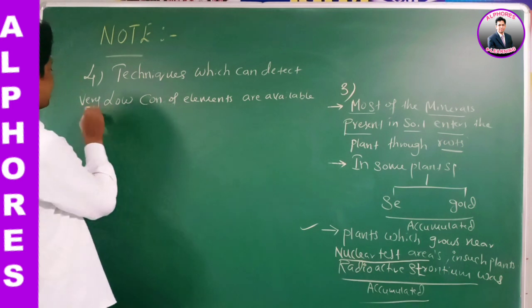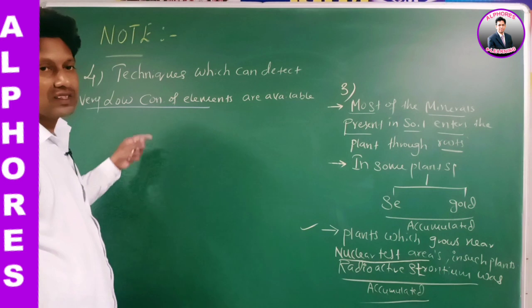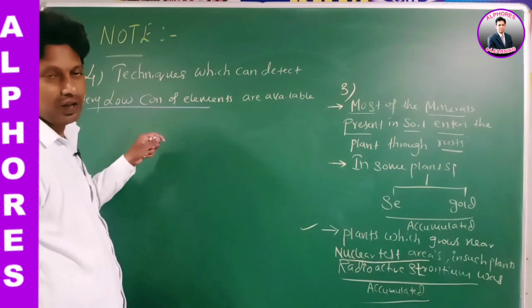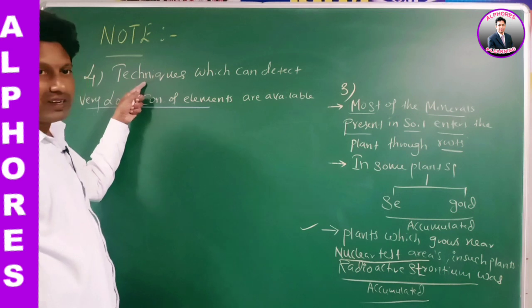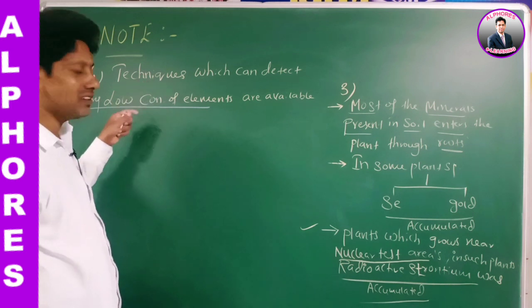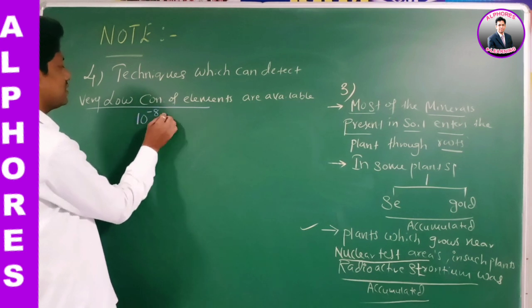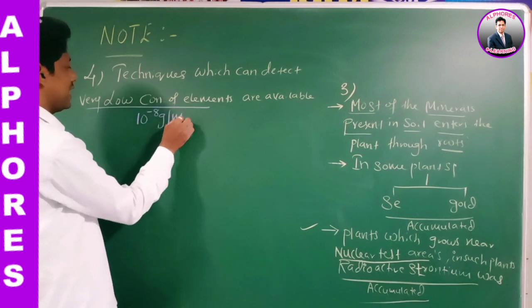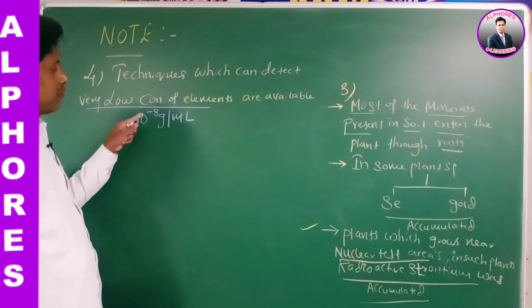Okay, so we are saying that techniques which can detect very low concentrations of elements are available. To what concentration can a technique detect elements in a plant, sir? 10 to the power of minus 8 grams per ml.